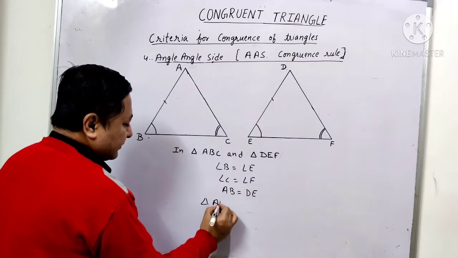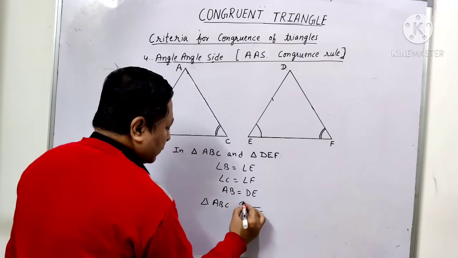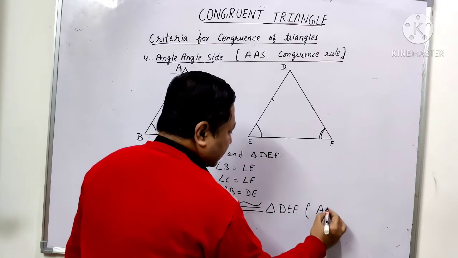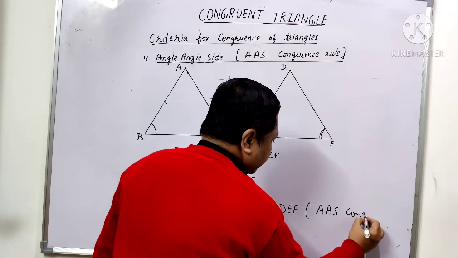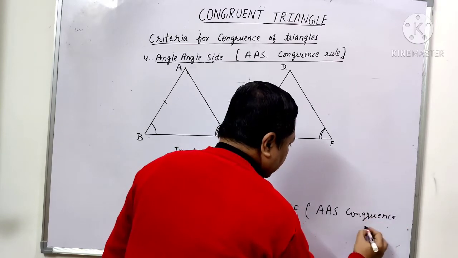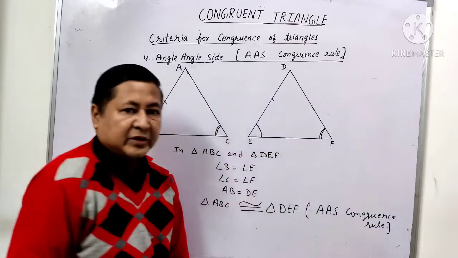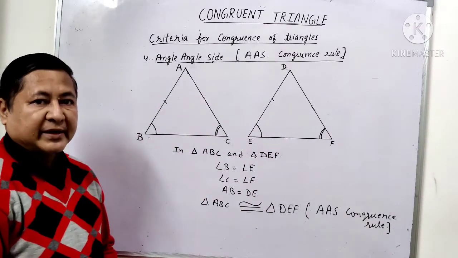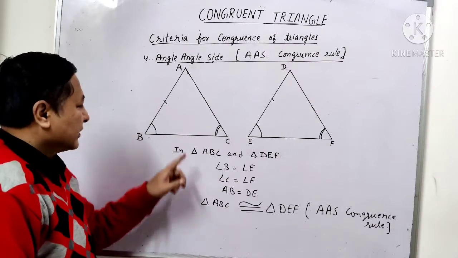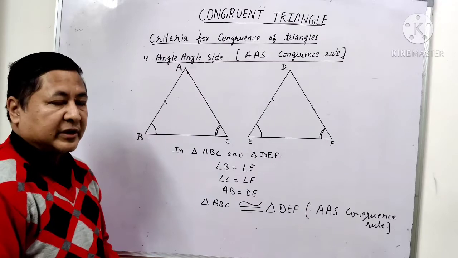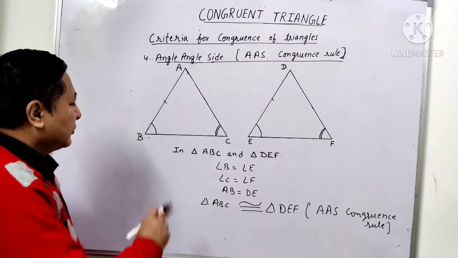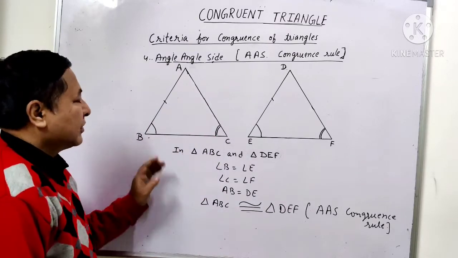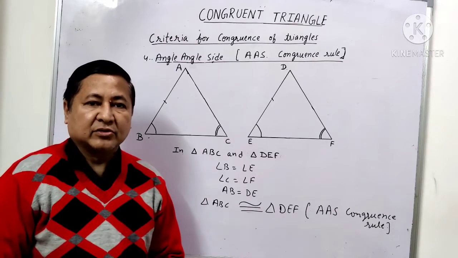So triangle ABC is congruent to triangle DEF by the rule known as the AAS congruence rule. Now the difference between angle side angle and AAS is that in the angle side angle rule that we did previously, the side was between the two angles. But here in angle angle side, you take these two angles and the side is not included between these two angles. So this is the fourth criteria, that is the angle angle side congruence rule.